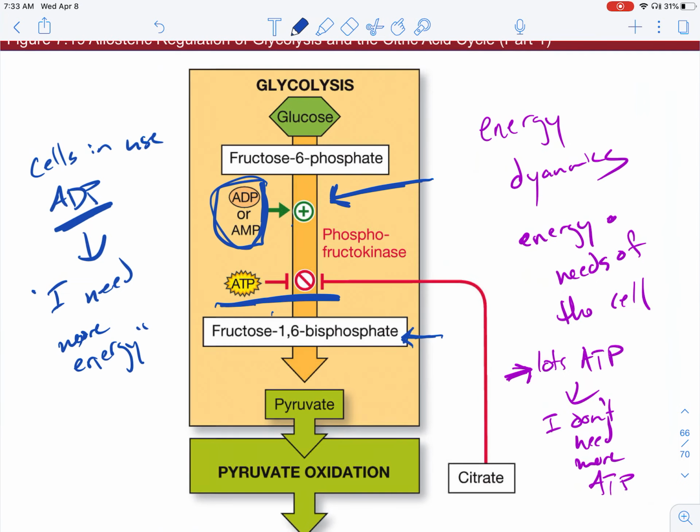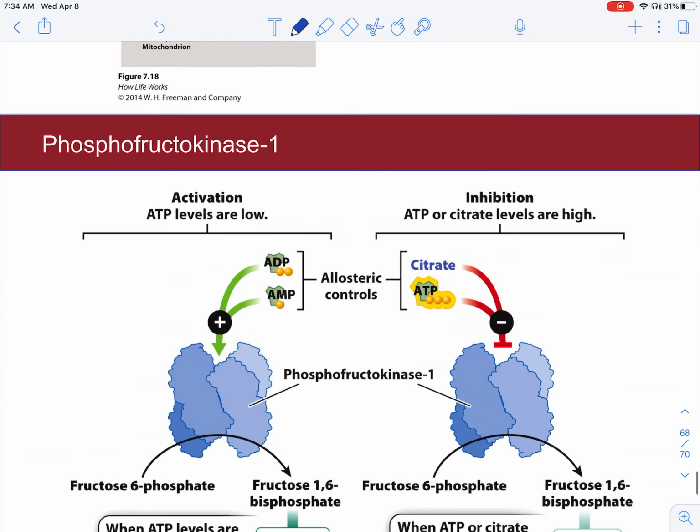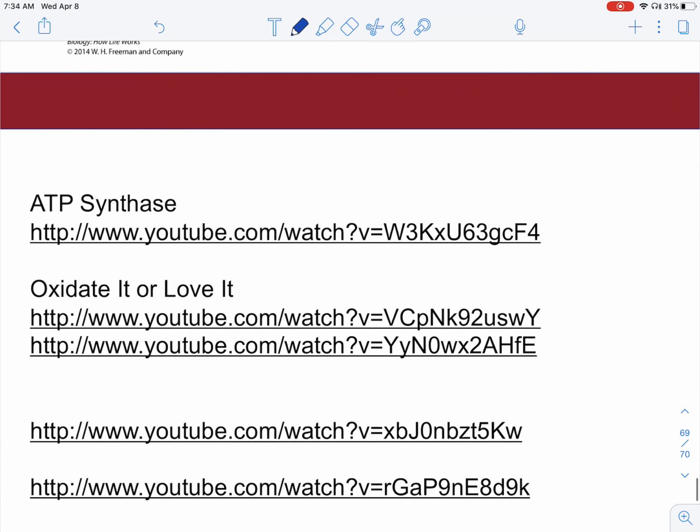Stop that. And you see that again at the citric acid cycle. Inhibition by ATP or NADH, which shows that the cell is at rest. Activation by ADP or NAD plus.